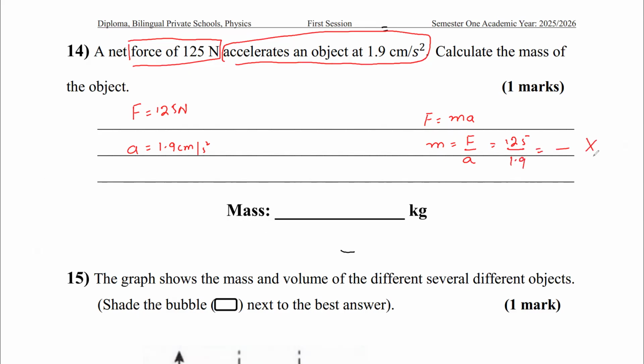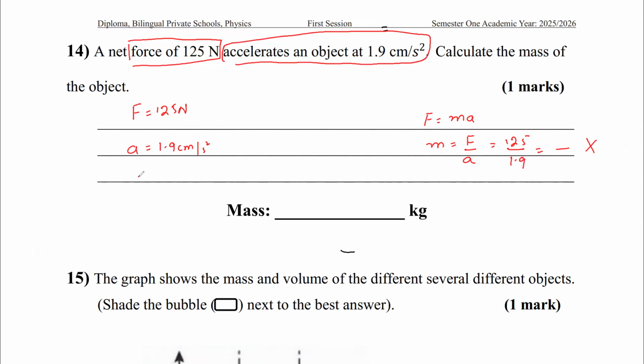It's wrong, because you see that here the acceleration is in the form of centimeter per second. So first thing is you have to convert centimeter into meter. Okay, so the question is how you convert from centimeter to meter.